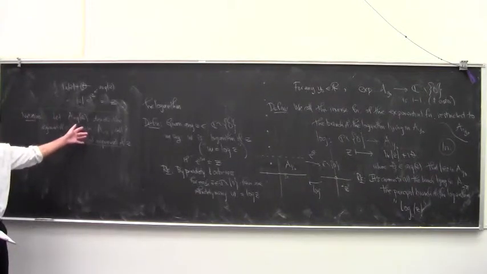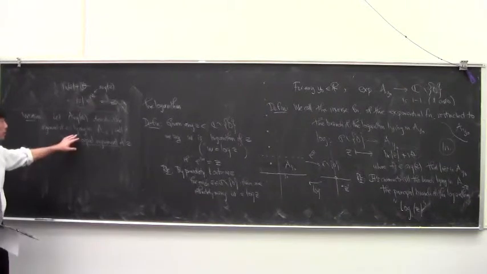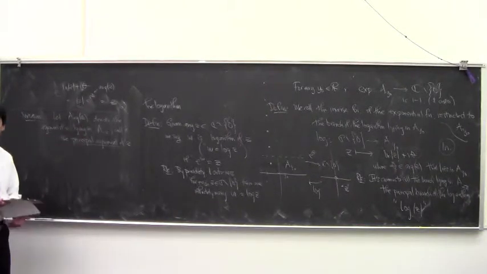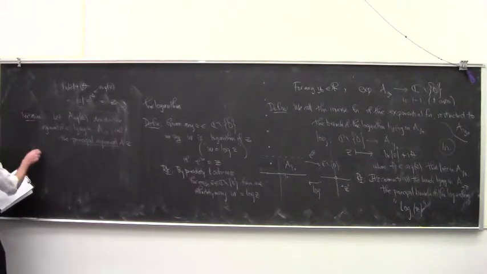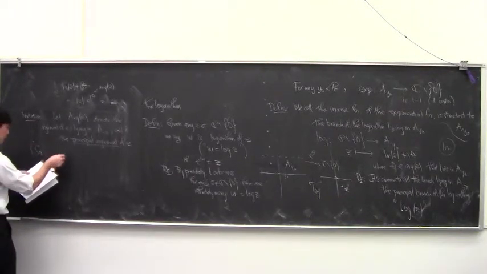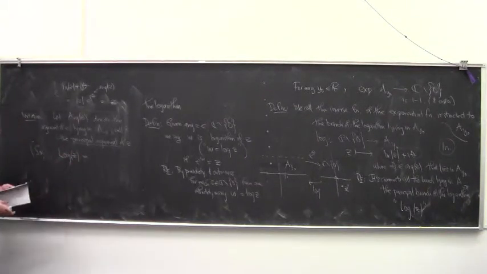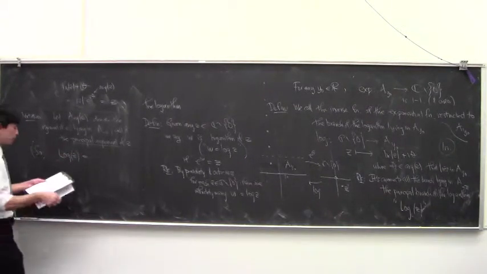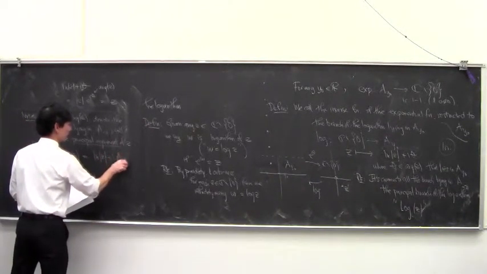One of the arguments is going to lie in this range. We're going to call that the principal argument. So using this notation, the principal log is going to be, of course, natural log of modulus z plus i times the principal argument of z.